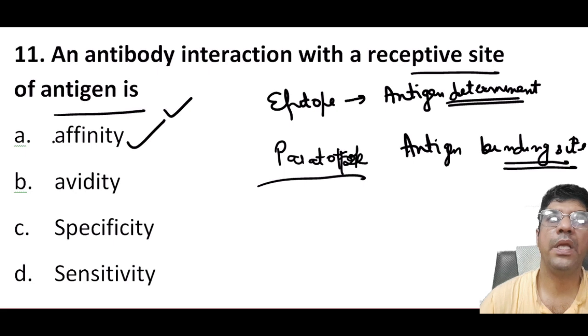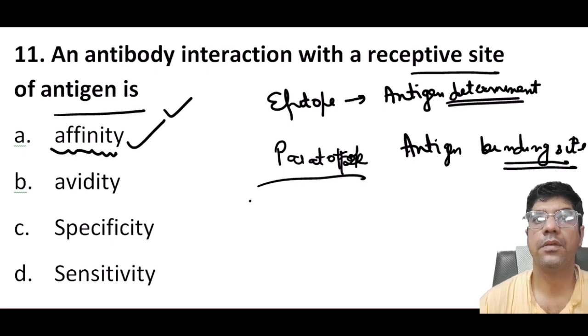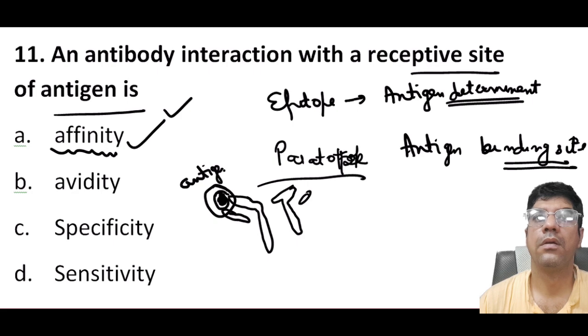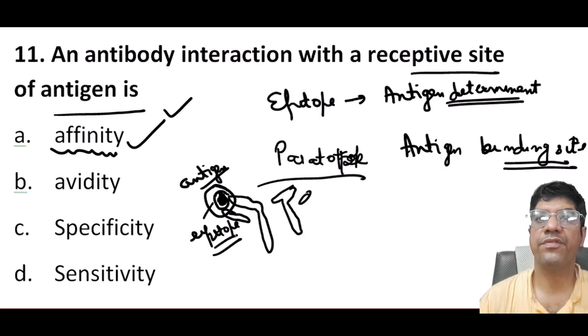Now what do we mean by the term affinity? Affinity refers to the strength of the binding between a single paratope of an antibody and a single epitope on the antigen.